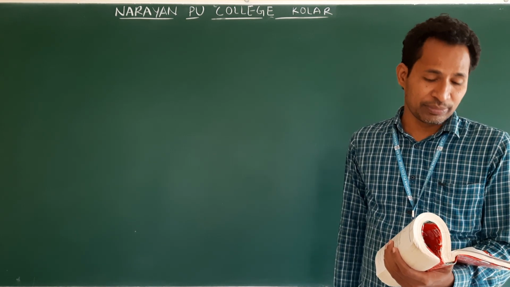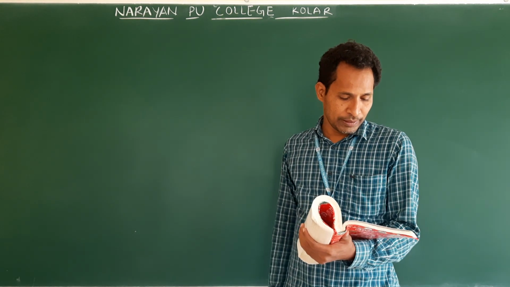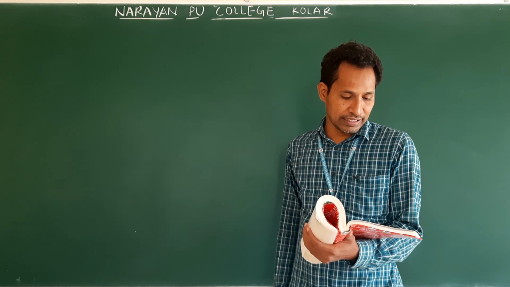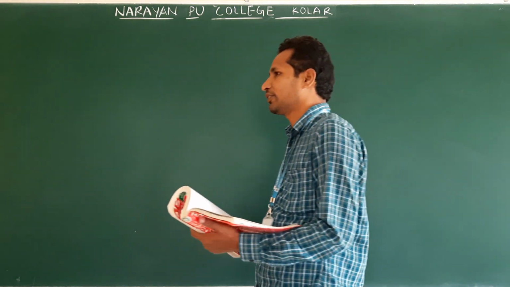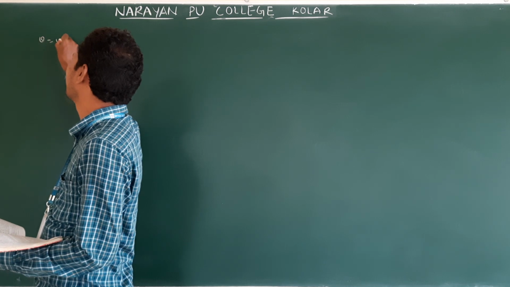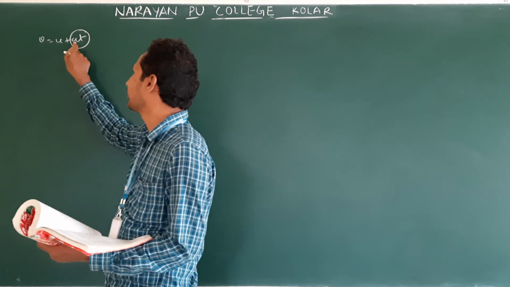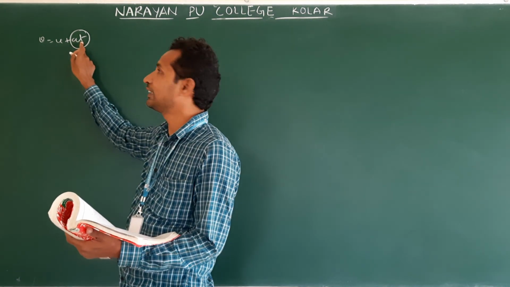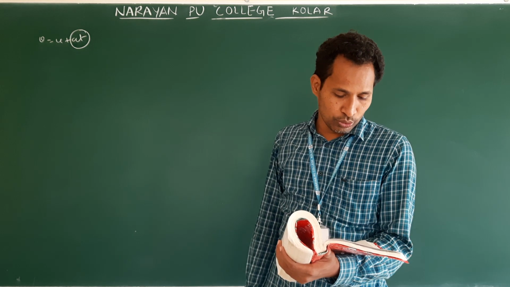They have the same dimensions, but adding is not possible here. Multiplying a vector by any scalar is possible. Multiplying any vector with a scalar, you have already seen V is equal to U plus AT. T is a scalar, A is an acceleration. We multiply. Clear? That is okay.